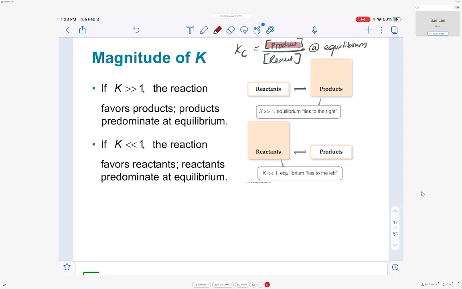So in this case, we say equilibrium lies to the right or product side, or we say product predominates. Okay, so if K is large, that means you have a higher value in the numerator. That means you have higher concentration of product. That means the reaction favors products and product predominates at equilibrium.